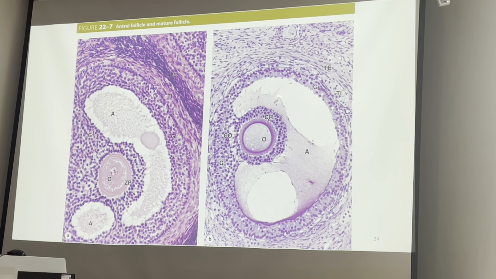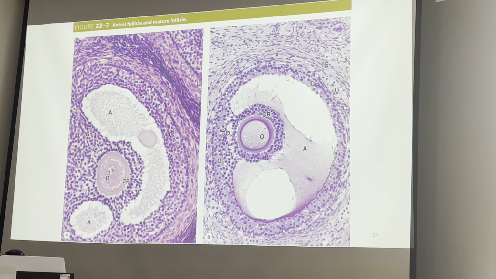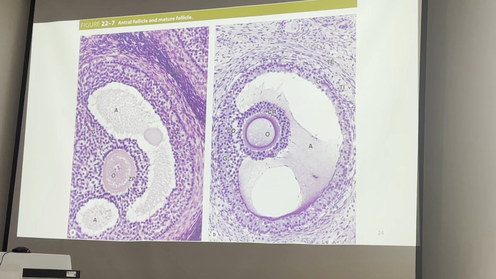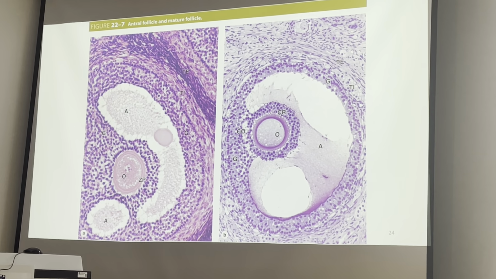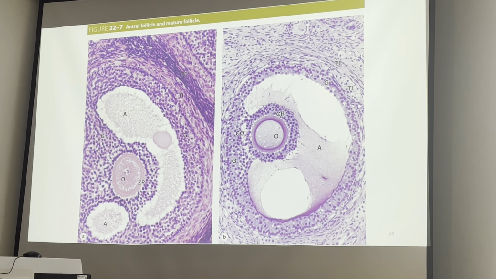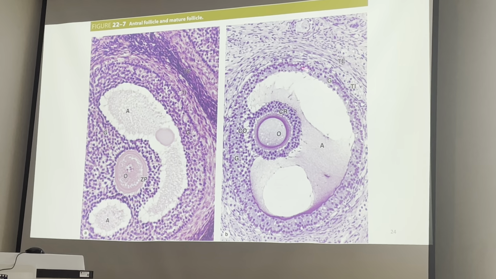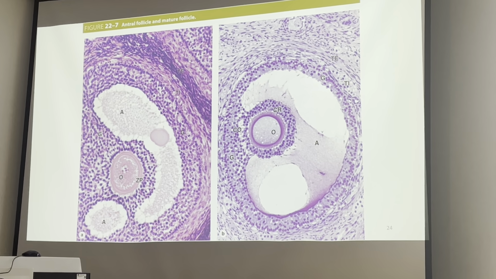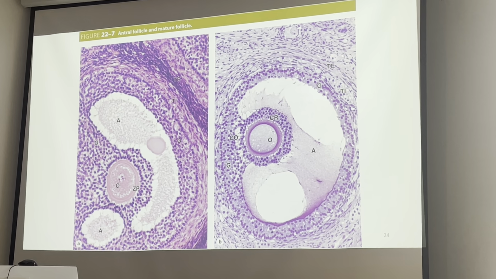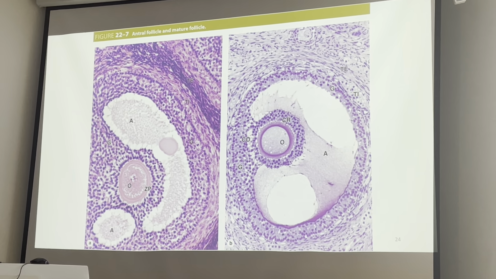Here we have a fluid in this part. This fluid is known as the follicular fluid. Okay? And the other role of the granulosa cells? Those cells are granulosa lutein cells. But these cells are our normal granulosa cells and have a role in producing estrogen. Estrogen.